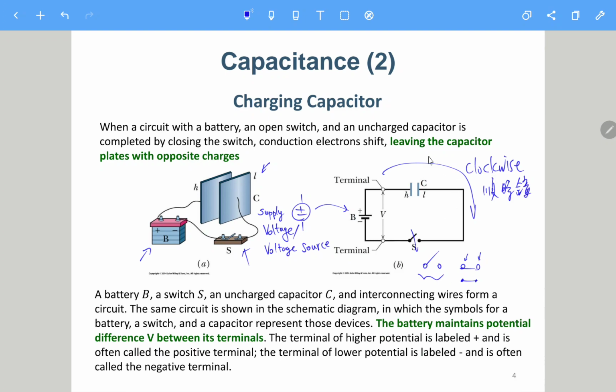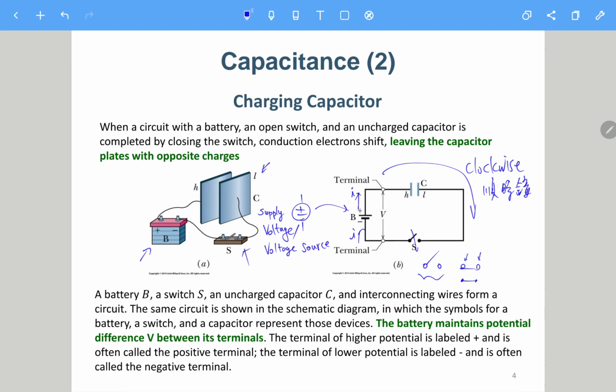If it is counterclockwise, this is 逆时钟. So the current is flowing out from the positive node and then coming back from here. For the whole loop, the current will be the same.